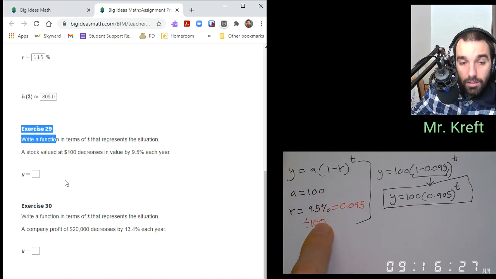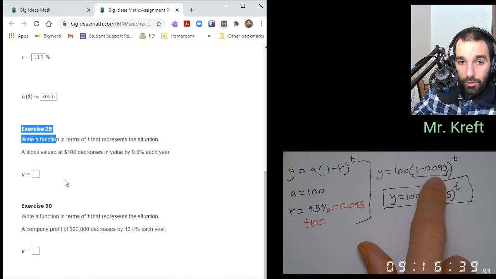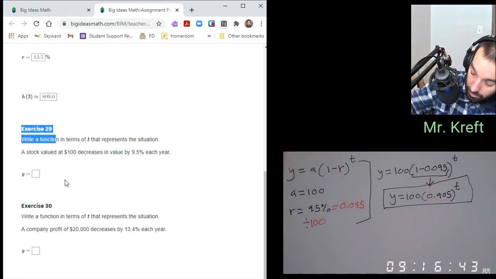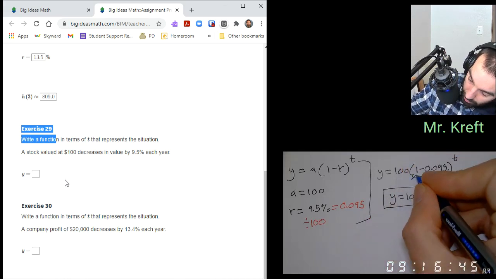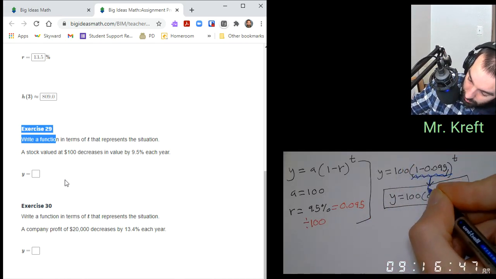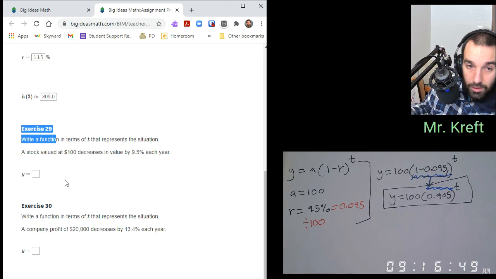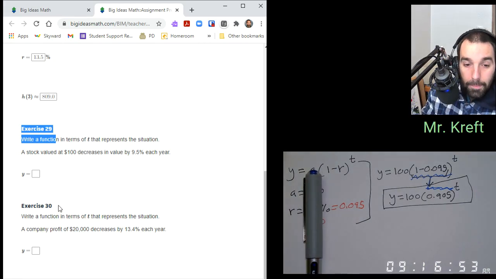How did I get the r? I found the a and the r from the problem and plugged them into this formula. Then all I did was 1 minus 0.095 in my calculator. That's what this is right here. Maybe it helps if I use a color. So this blue is this. They're equivalent. Is that what you were asking?